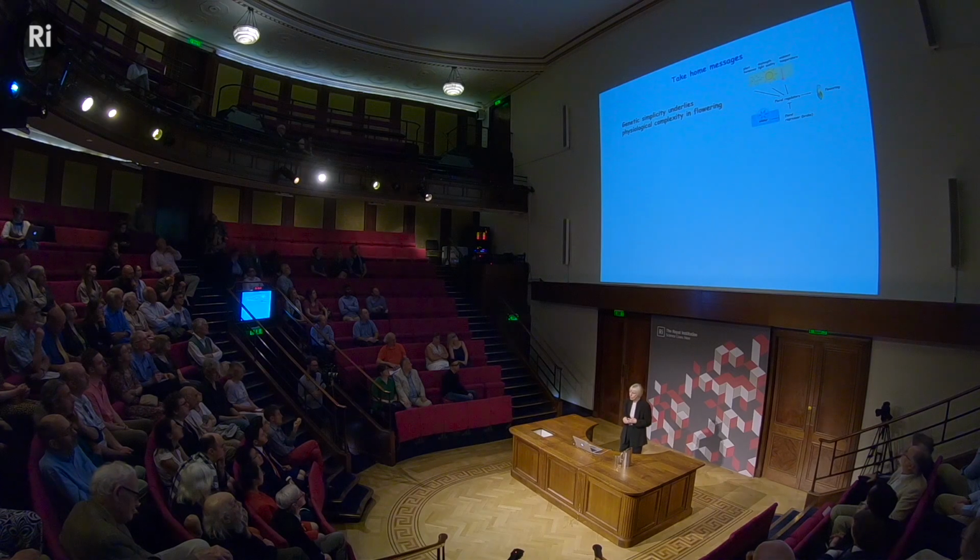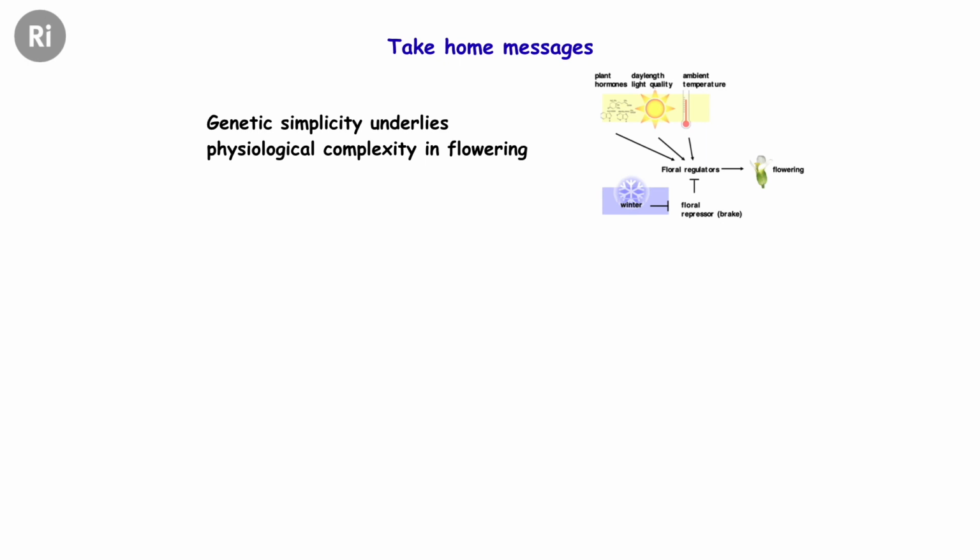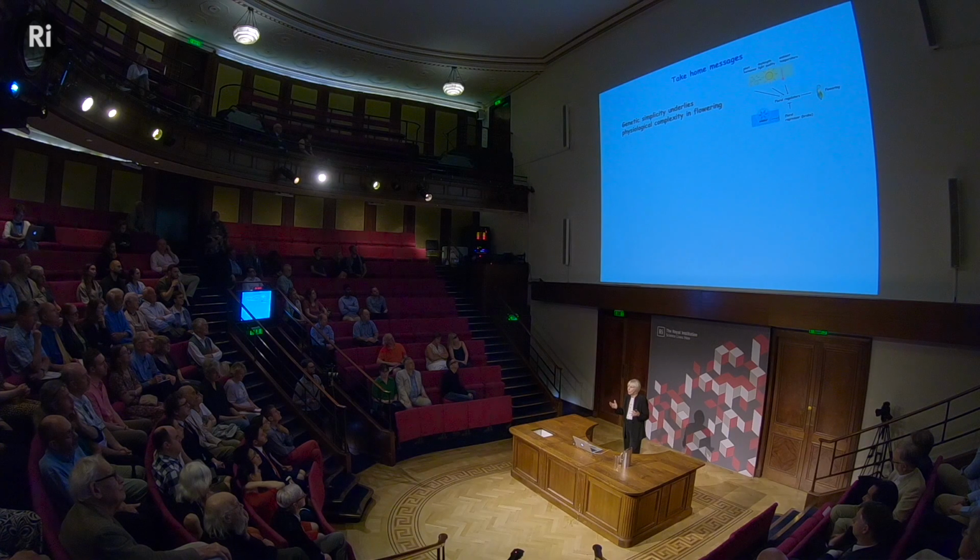And the first is this genetic simplicity of what was thought for 50 years to be massive physiological complexity in flowering time. There were communities of researchers working on all sorts of different plants and crops, absolutely sure that photoperiod would be regulated in an entirely different way to vernalisation, to hormones, and they would all have to be studied separately.